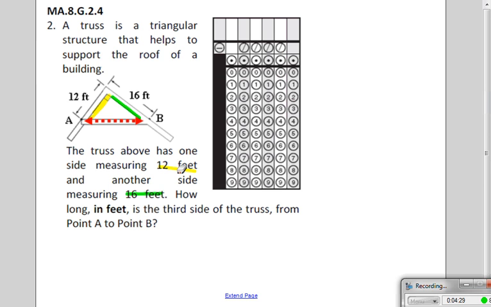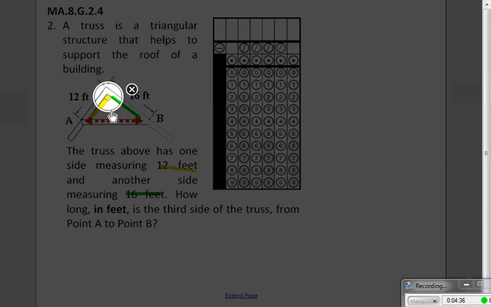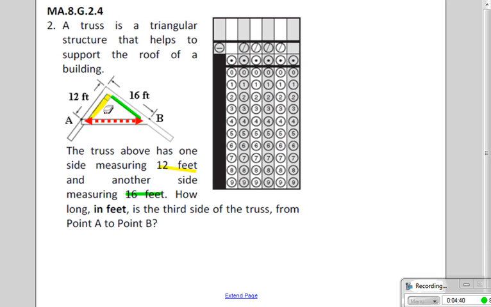What you have to recognize is that what they're dealing with here is a right triangle. Anytime you see a box right there, you automatically know that your triangle is a right triangle. When they give you two sides of a triangle and it asks you for the third side, you can use the Pythagorean theorem. So that says a squared plus b squared equals c squared.